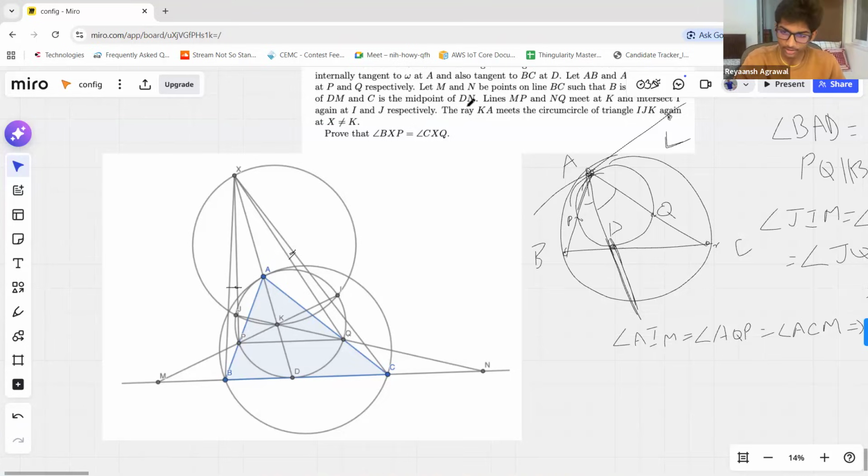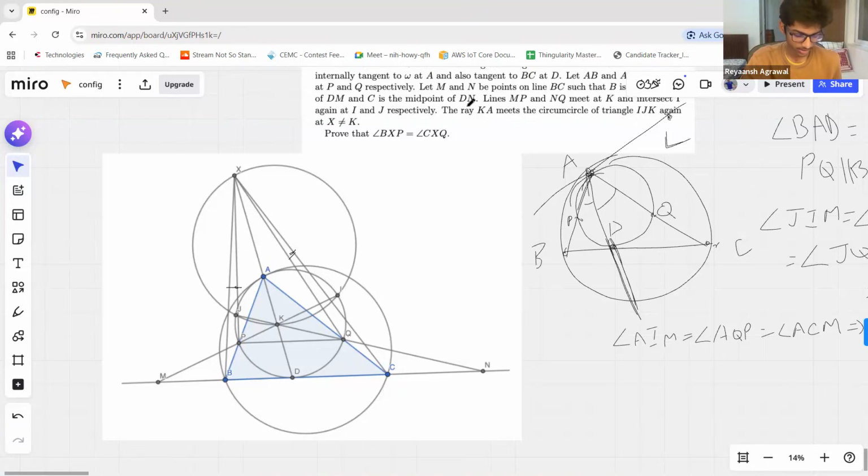First of all, which circles would you consider for the radical axis? Considering we have three circles, it should be fairly obvious. If we consider AICM and AJBN, clearly A lies on the radical axis.